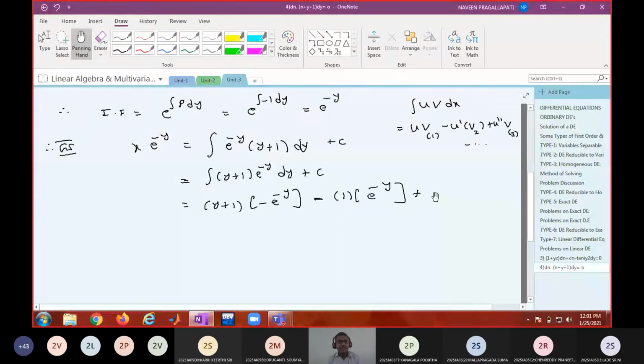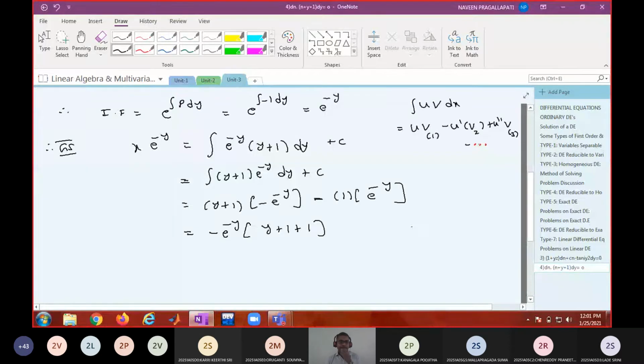So 0 into anything is 0. So all the remaining terms are going to be 0. I don't need to compute the remaining terms because they are going to be 0. Now if I take minus e power minus y common, what am I going to get? You will get y plus 1 plus 1.